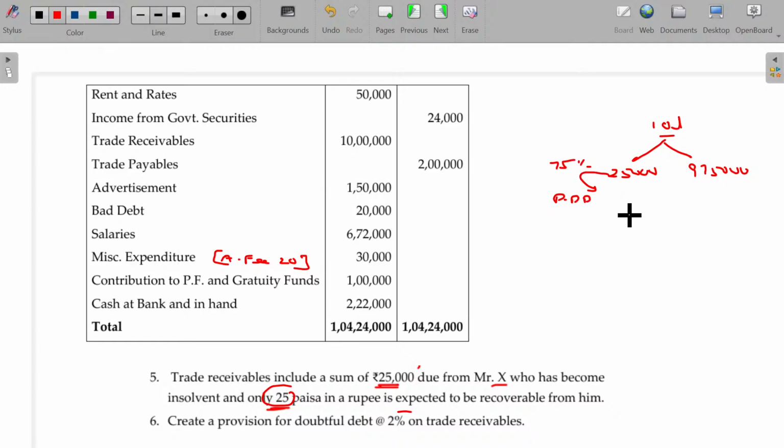How much is that? 18,750, and on the remaining value 2% can be calculated. 19,500. So the overall PDD requirement being 38,250 required. Clear? 5 and 6 is also over.